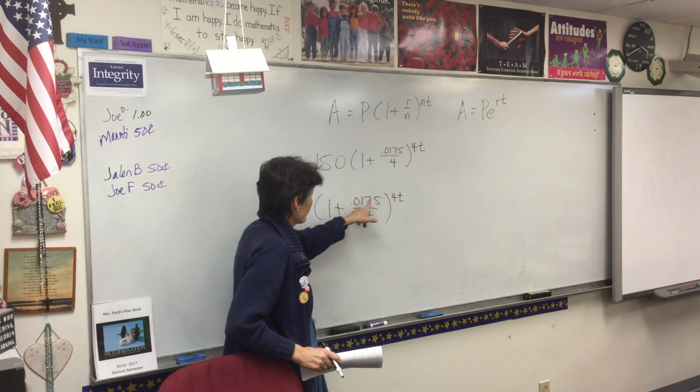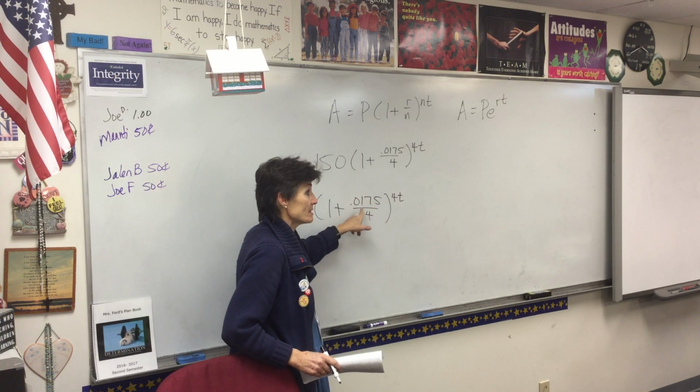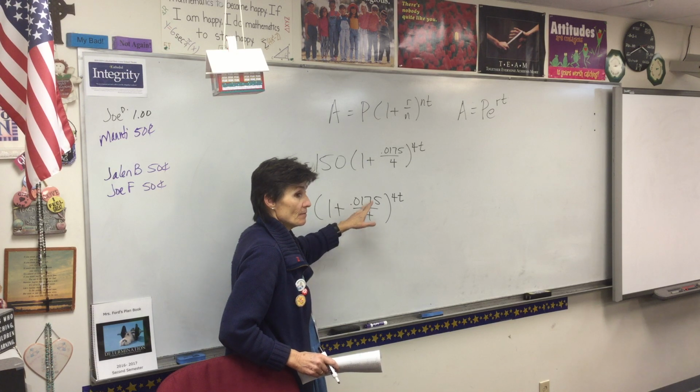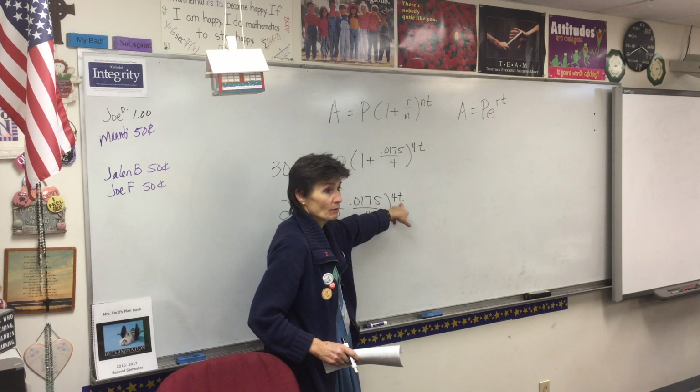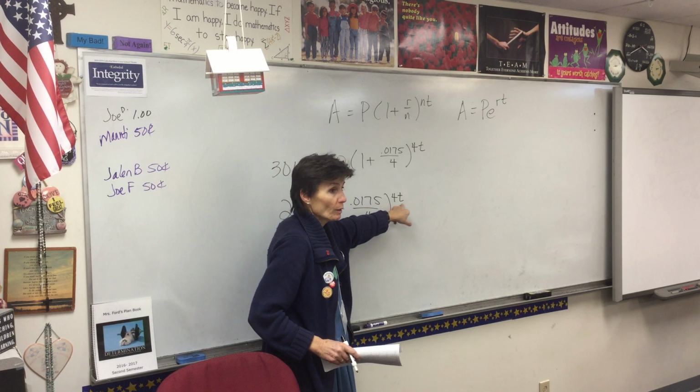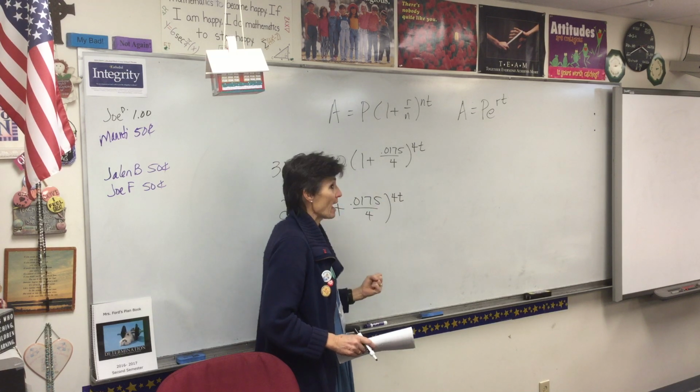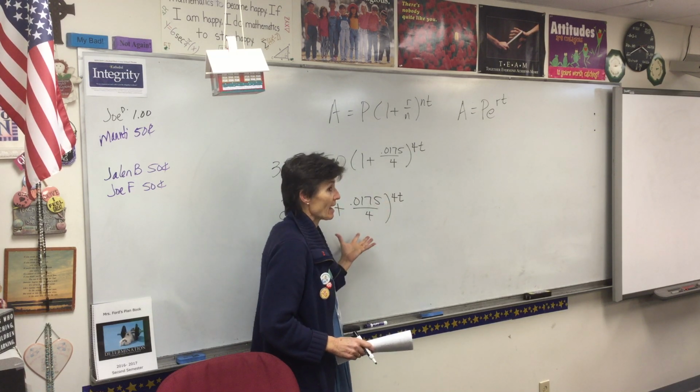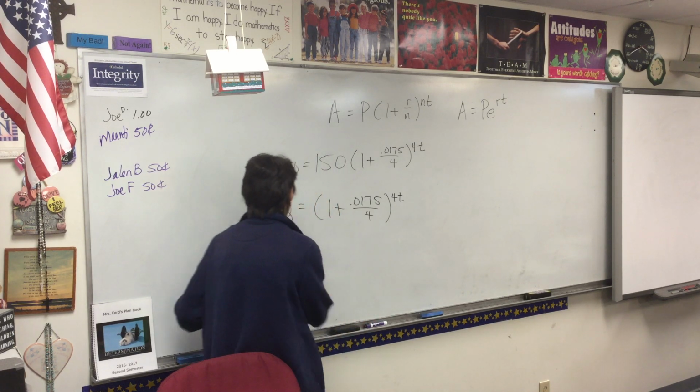You guys are thinking about when the variable is inside the parentheses. This has a variable that's an exponent. The only way to solve for that is to get it down, and the only way to get it down is to use a logarithm. So I'm going to log both sides.